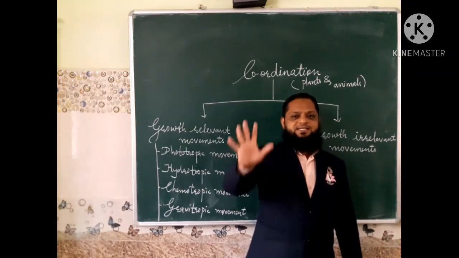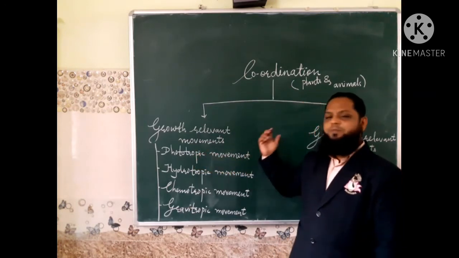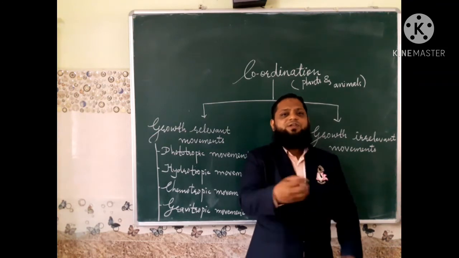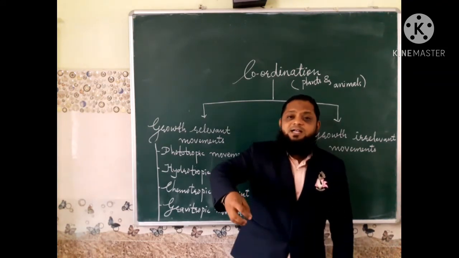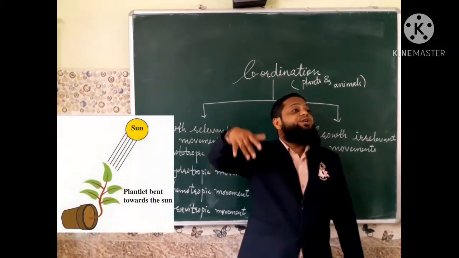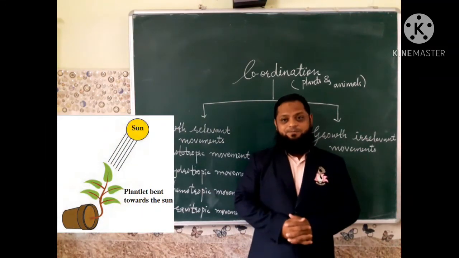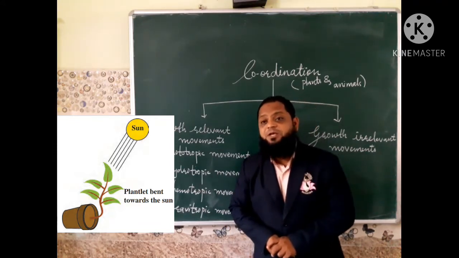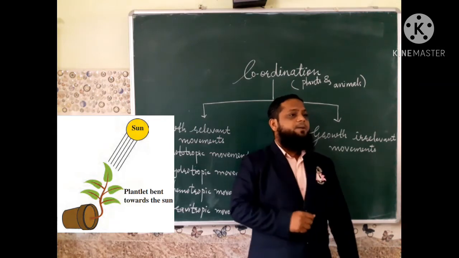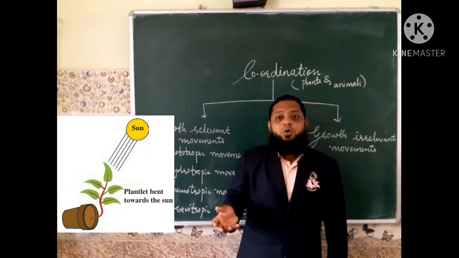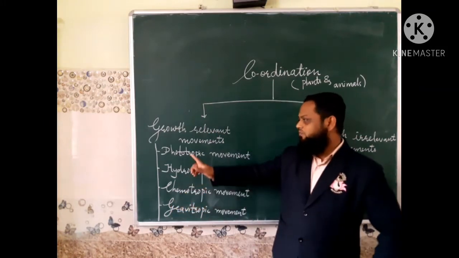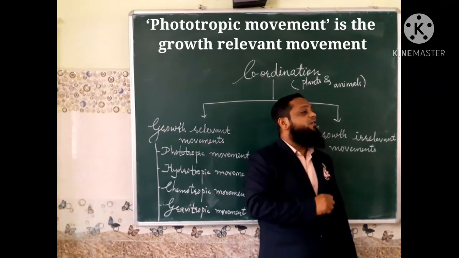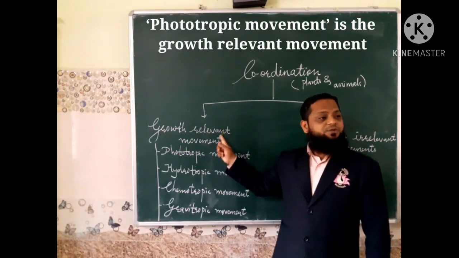Tropic movement: if you observe that the plant starts to grow towards the sunlight, then such a type of movement is said to be phototropic movement. In this movement, the plant starts to show growth. That's why phototropic movement is included in the category of growth relevant movement.